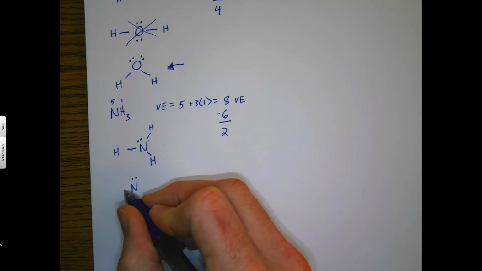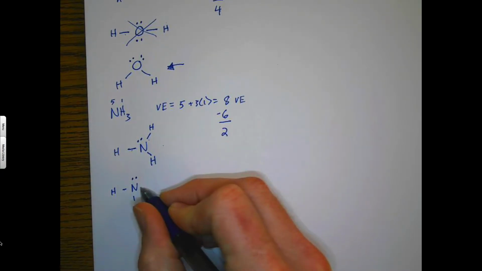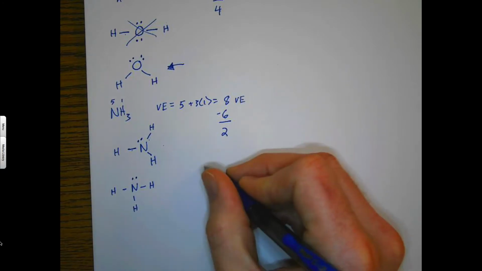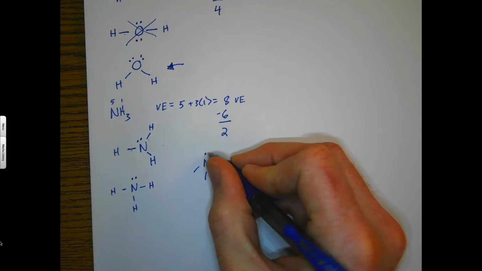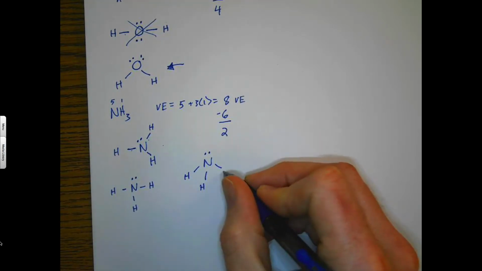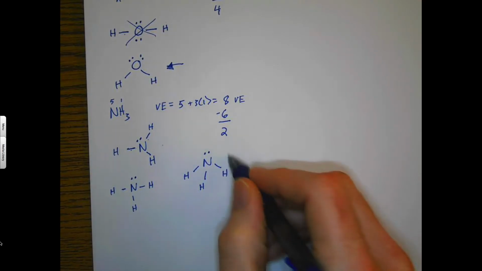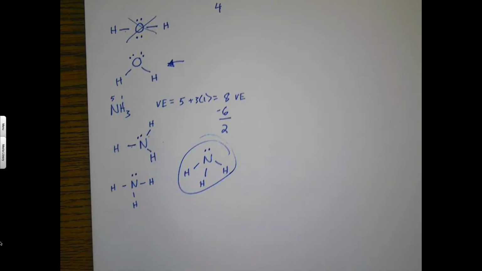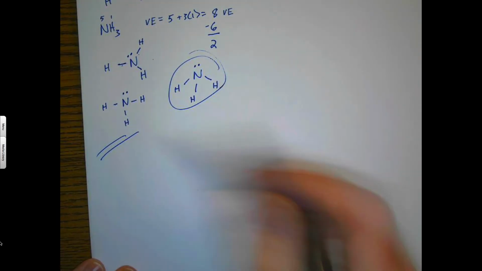So ammonia is typically either written like this to clean it up, or you could write it like this, because the lone pairs are going to repel the bonds a little bit more, and so they're going to bend them down. We'll get to the shapes a little bit later, but this one is the most preferred drawing. Okay, so now let's get to another one.